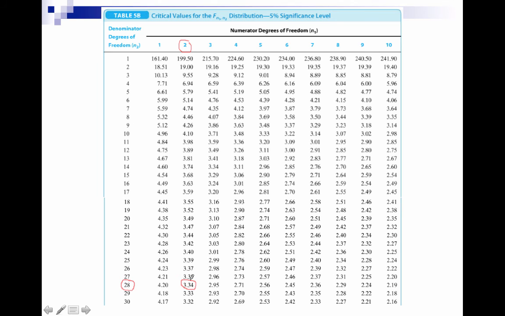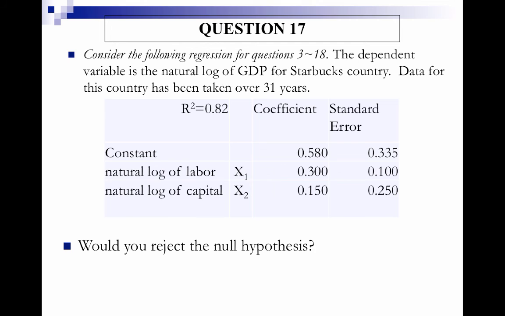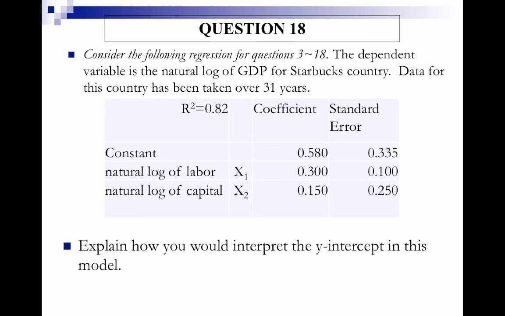We know that the actual f value is quite a bit higher than the critical value, so we can easily reject the null hypothesis, and we can conclude that the natural log of labor and the natural log of capital are jointly significant at the 5% level.